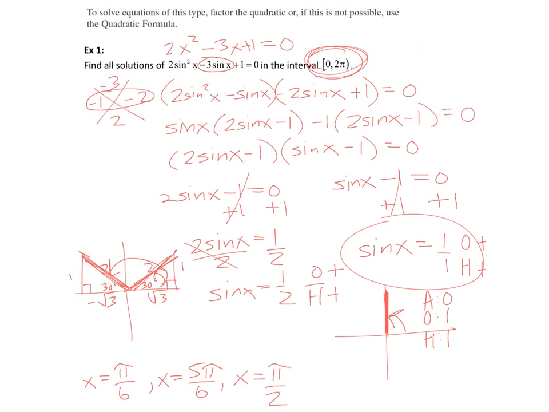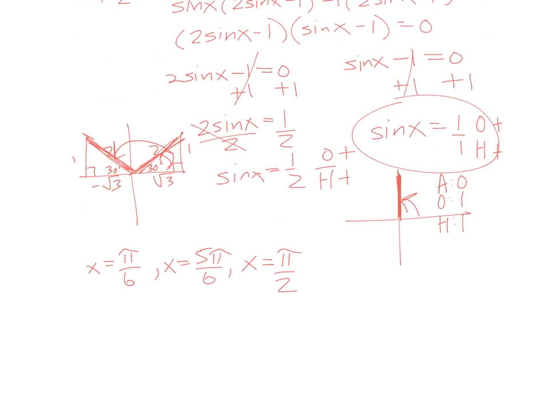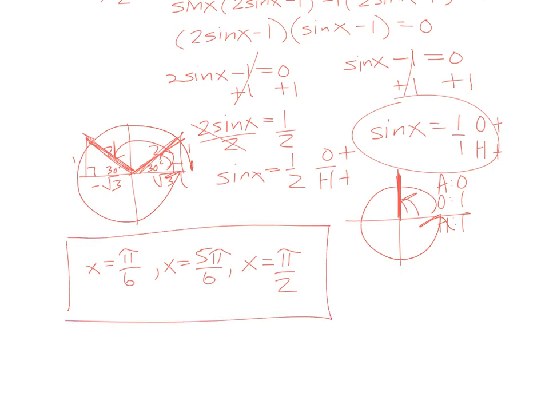Because in the directions, they said to just find the solutions within this interval, 0 to 2 pi. 0 to 2 pi is starting here and going all the way around, and we did that. We found all the solutions within that restriction, and that's all I'm concerned about. So we're not adding on 2 pi n. I'm not looking for every single solution, just the solutions from 0 to 2 pi. That's all there is.